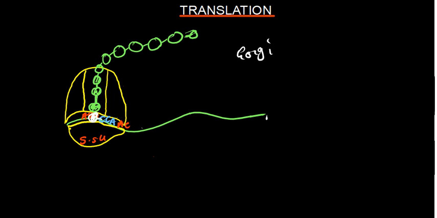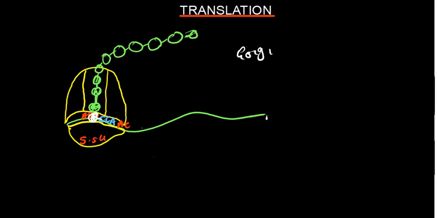When translation comes to an end and the growing polypeptide has been released, the large and the small subunit are going to dissociate, that is, this complex will no longer be in existence.